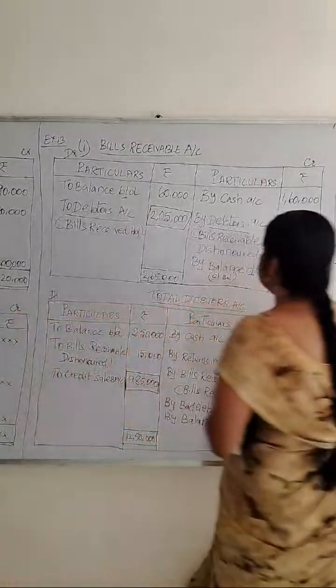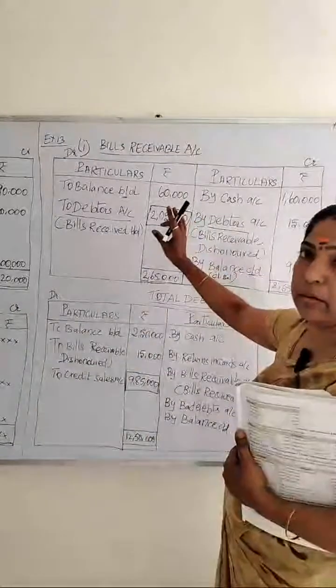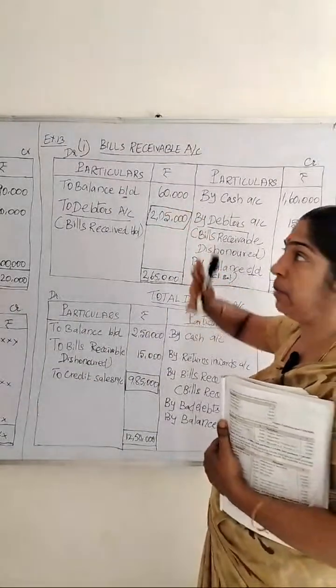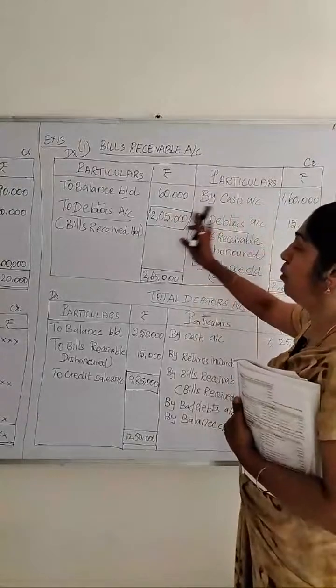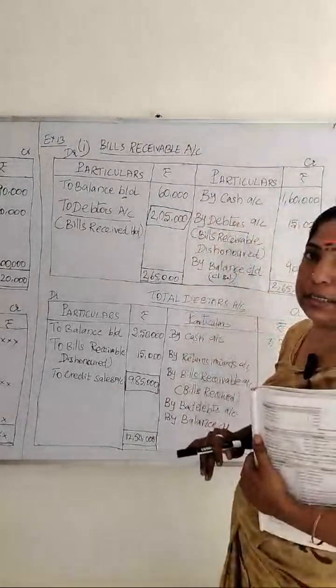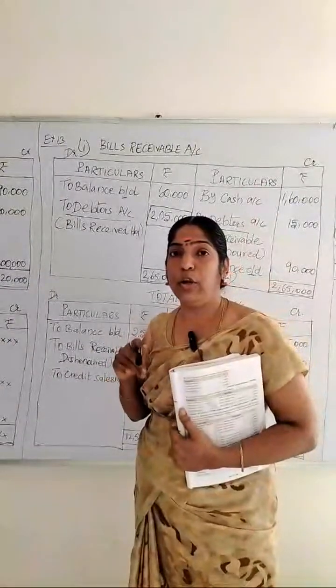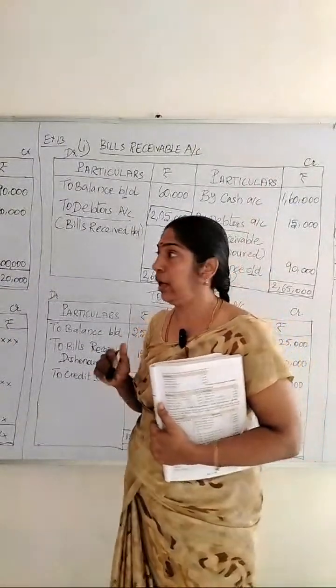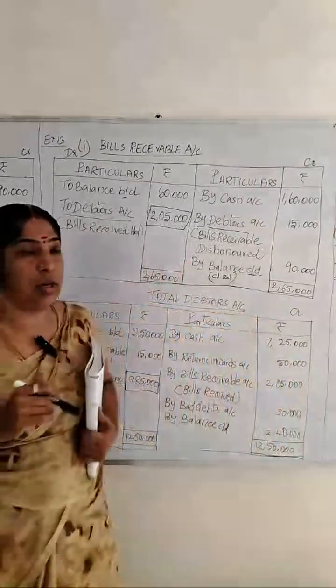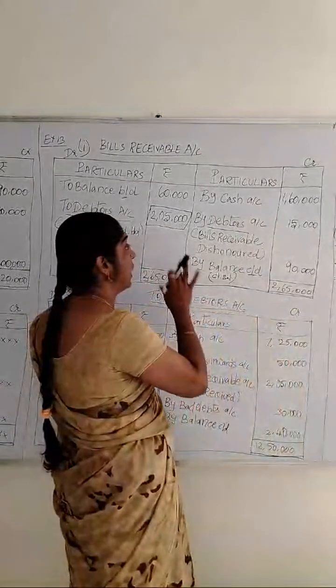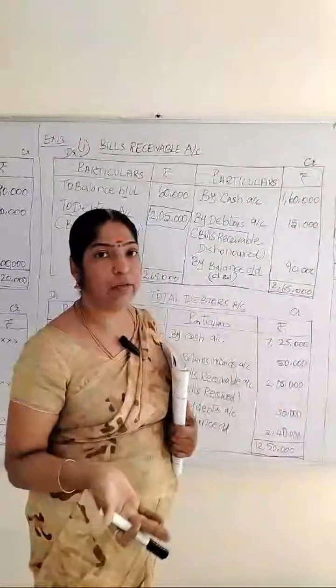So, we entered the respective items on the bills receivable account on both debit and credit sides as per the format. What we have to do is find out the total. How can we find out the total? We first identify which side has the higher value.